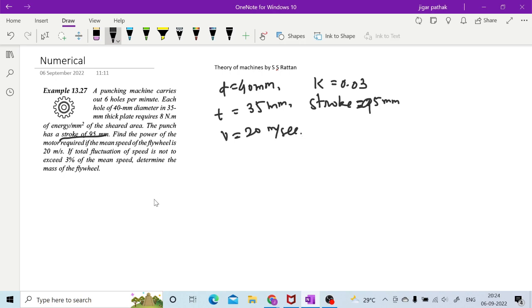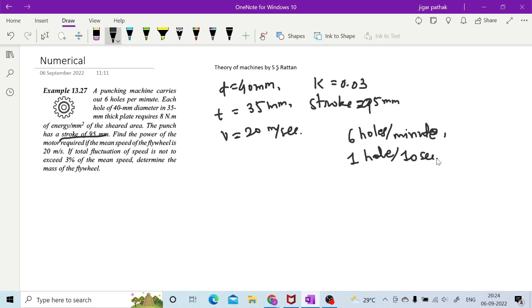Now 6 holes per minute is mentioned, so it means 1 hole per 10 second.